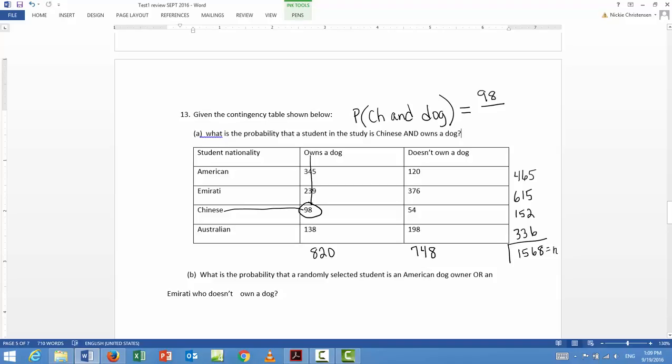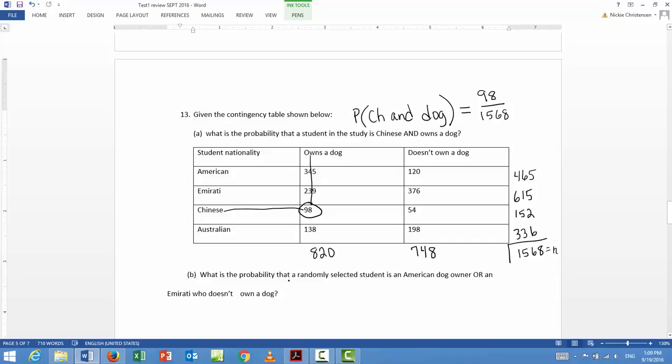If you make a mistake in the sample space, your whole answer is going to be wrong. So the basic rule for probability: number of outcomes in the event over number of outcomes in the sample space. So our denominator will be 1,568. So that's the answer for A.